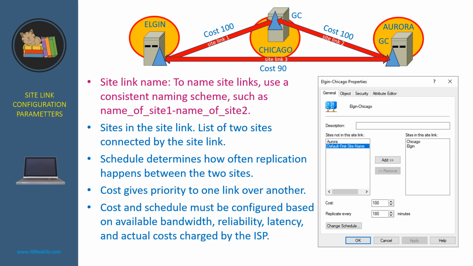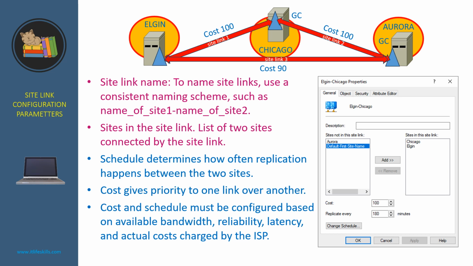For example, if we want to configure the site link between Elgin and Chicago, we should name it Elgin-Chicago. The second parameter is the sites in the site link, which lists the two sites connected by the site link. So in this case, the sites in this site link are Chicago and Elgin.